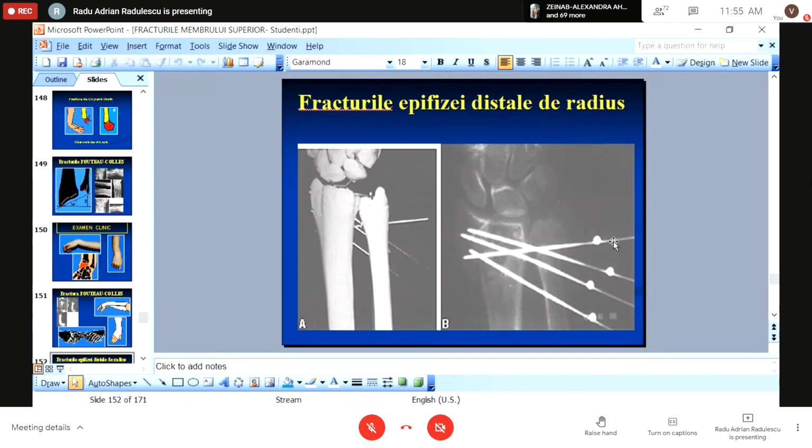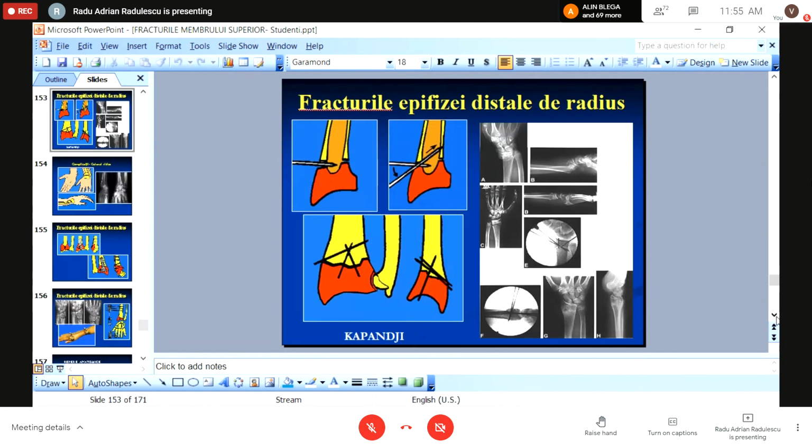Like, for example, this pinning. After reduction, we introduce this pinning through the ulna into the radius in order to fix, to secure our reduction. These pins will be removed after 6 weeks in order to start the physical rehabilitation.